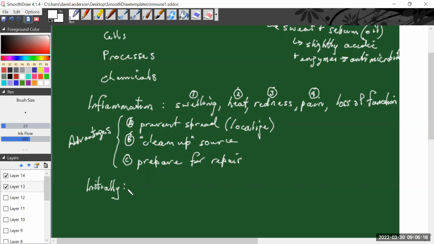So what's going to signal inflammation? What's going to start the inflammatory response? It's basically, in old-fashioned terminology, a chemical alarm.